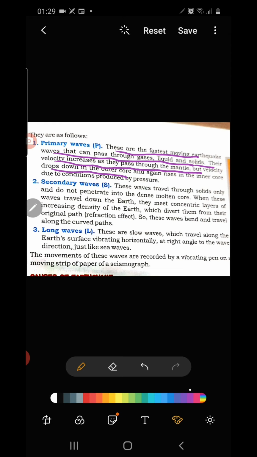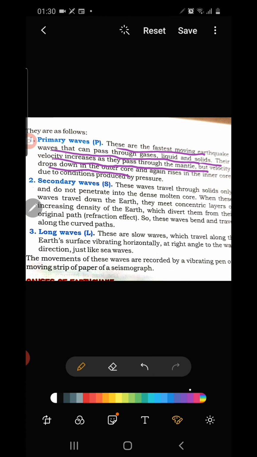The mantle is in almost molten form, so the velocity increases, but the outer core is somewhat solid, because of the extreme pressure of the overlying layer that keeps it solid. So in the solid, its speed decreases. So you only have to understand that primary waves pass through gases, liquid and solid.